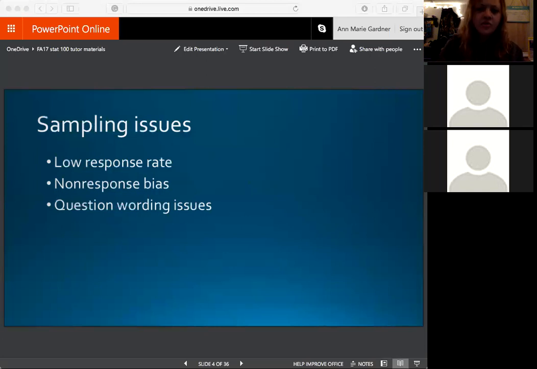If you use words that are really powerful, like prohibited instead of not allowed, it will make people want to go against it, because people don't want to be told what to do. So there are plenty of issues that can happen with question wording, but the main idea is that how you ask your research question to your participants is important, because it can change the way that they answer it in the end.